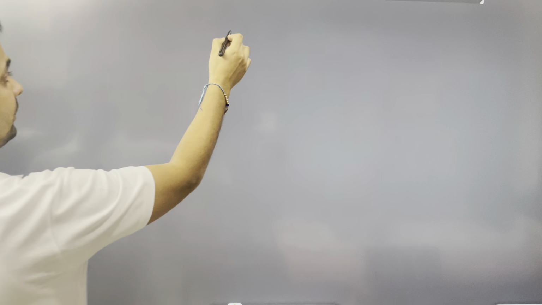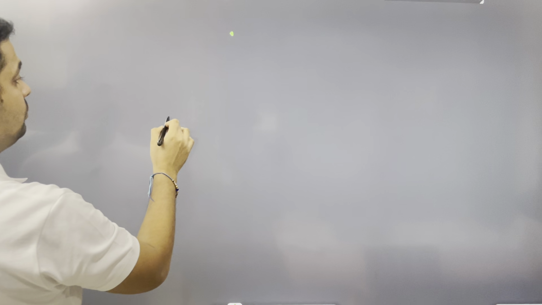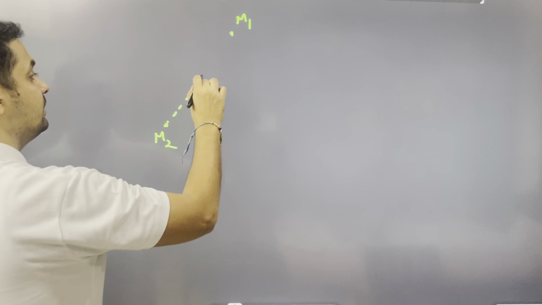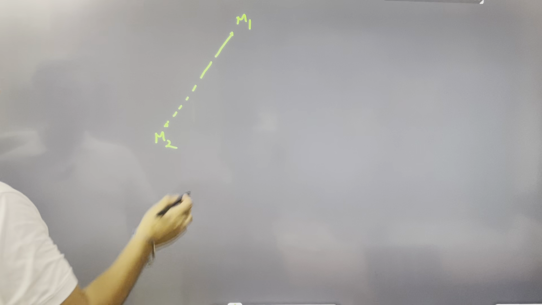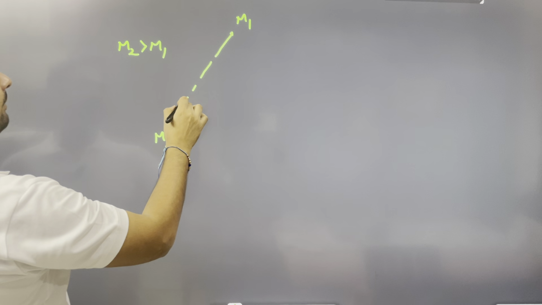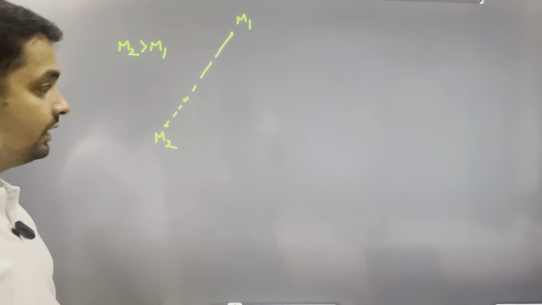Now see here how the center of mass changes. For example, if I take two particles, the particle M1 and the particle M2, the center of mass will lie somewhere between them. If M2 is greater than M1, the center of mass will lie near M2.